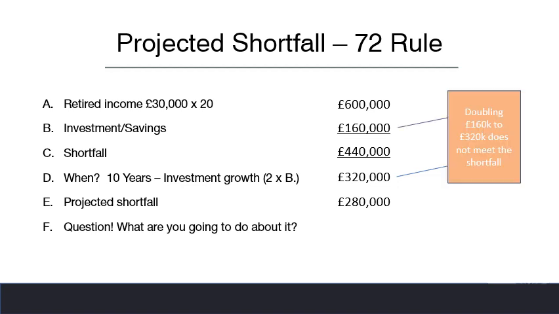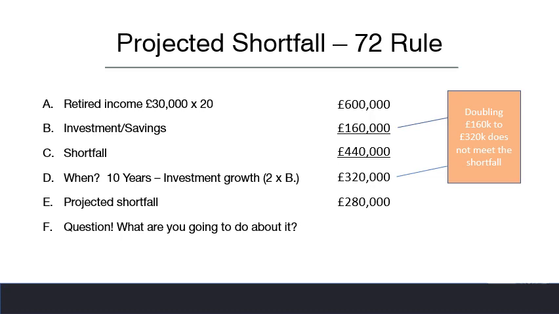So we used the 72 rule to determine that the £160,000, with a given balanced attitude to risk, we could double it, achieving 7.2% in 10 years, meaning £320,000. Because in this example, that's when the client suggested they would like to retire.